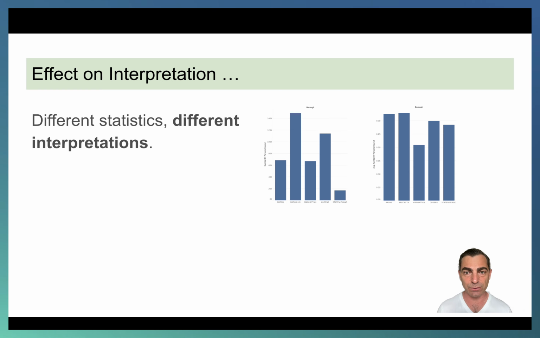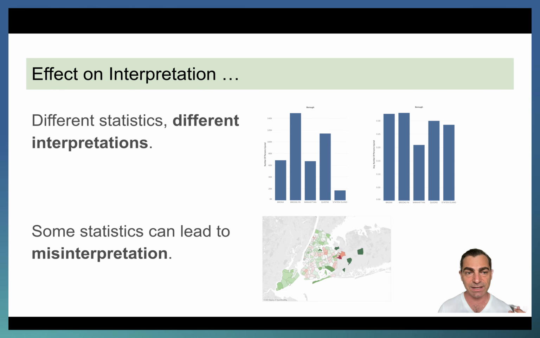One example is the one where we aggregated data using the sum versus aggregating data using the average, right? These statistics can actually lead to different trends, and these trends can lead people to extract different information and interpretations from this data. And the second element is that some of these interpretations may actually be incorrect. So some statistics can very easily lead to misinterpretation.